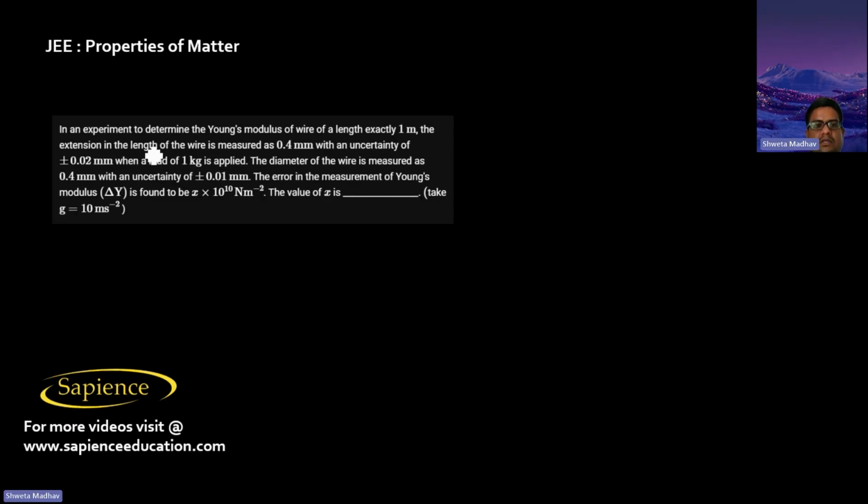And here it is told in an experiment to determine the Young's modulus of a wire and length exactly 1 meter. The extension in the length of the wire is measured as 0.4 millimeter with an uncertainty of plus minus 0.02 millimeter when a load of 1 kg is applied.